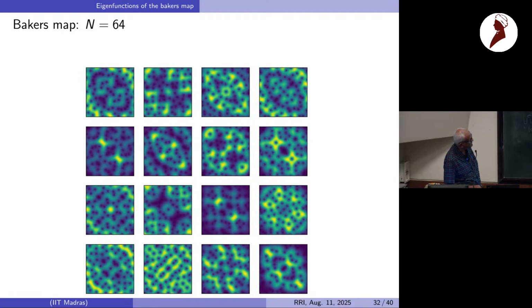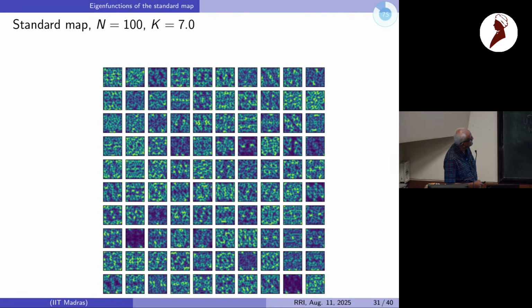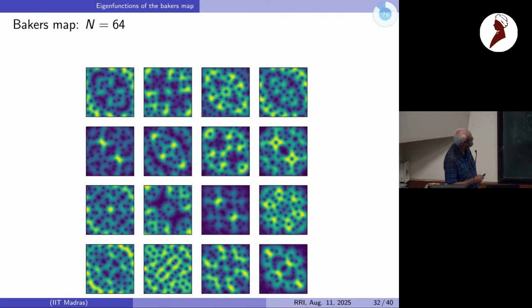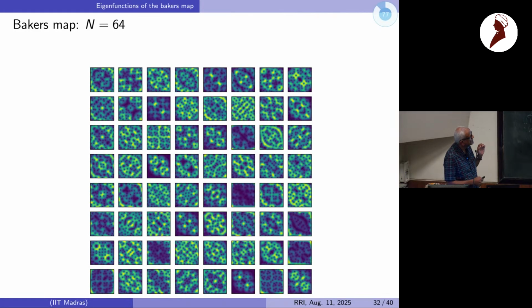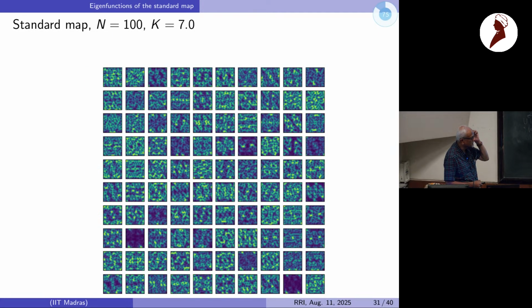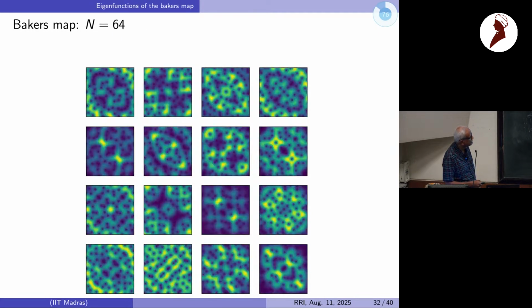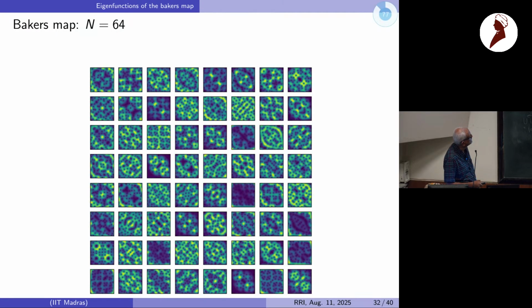So there are a lot of scars in this N equals 64 Baker's map. The difference between K equal to 7 and the N equals 64 Baker's map is that the Baker's map Lyapunov exponent is small, it is log 2. Whereas for the standard map the Lyapunov exponent can be large, and so there can be more scarring in this weak chaos, if you wish.